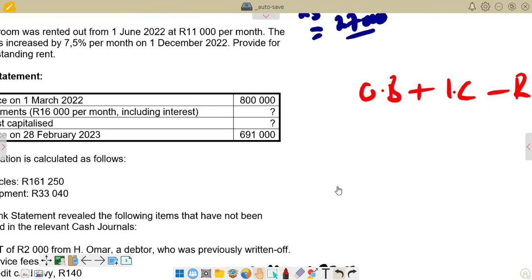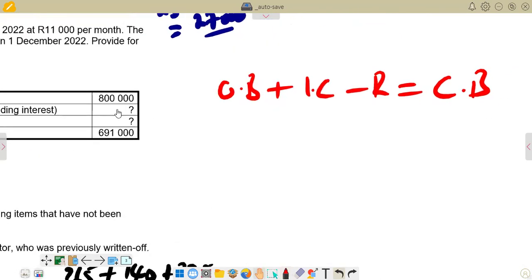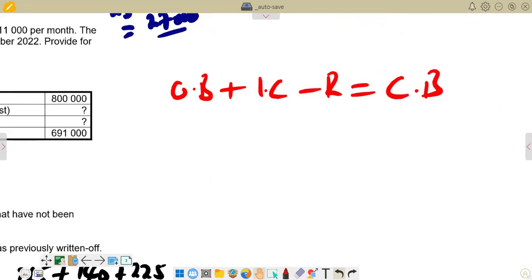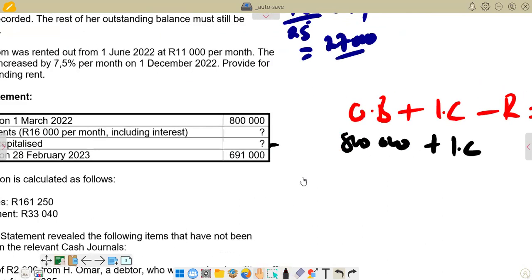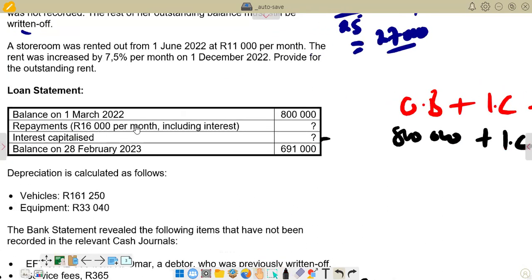For the opening balance, we are given 800,000 here. So we are going to say 800,000 plus interest capitalized, which is a question mark here. The repayments are also a question mark, but we are given a hint: 16,000 per month.